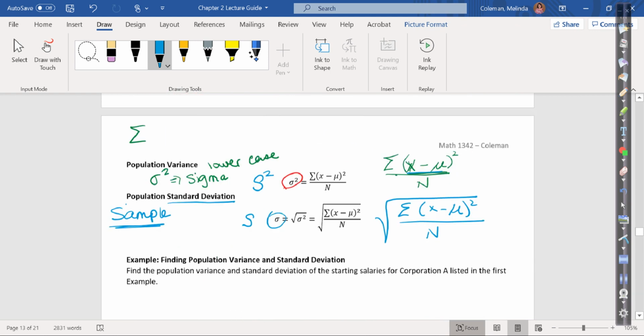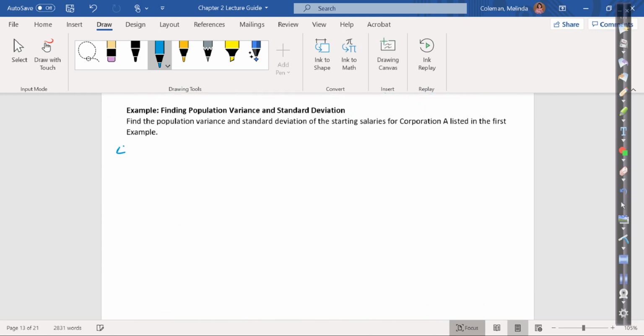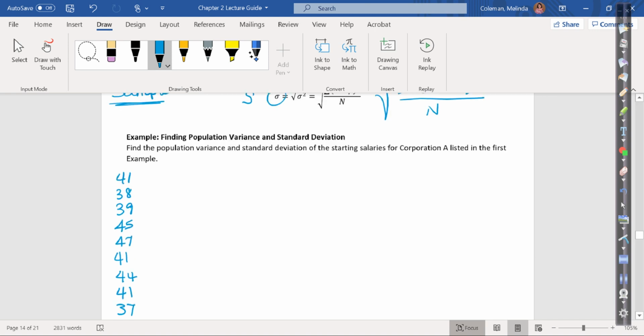So here's my data set: 41, 38, 39, 45, 47, 41, 41, 44, 41, 37, and 42. That's 10 data points. It tells me that my mean, my x bar, was equal to 41.5.